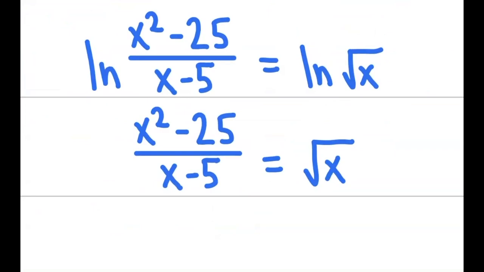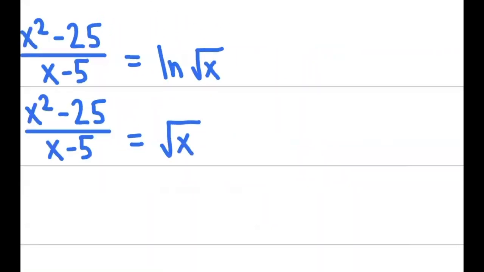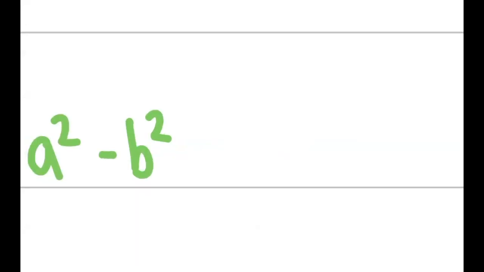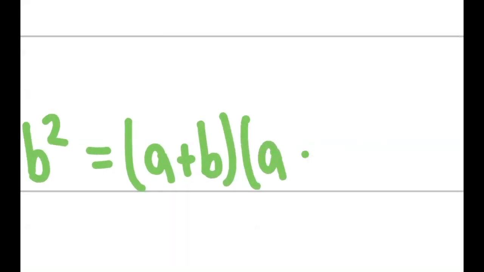What can we do with x squared minus 25 divided by x minus 5? Is there anything in algebra that can help us simplify over there? So what you could do is a difference of squares factoring in the numerator, and that should do some cancellation. Absolutely. So we know that when you have a squared minus b squared, that equals a plus b times a minus b.